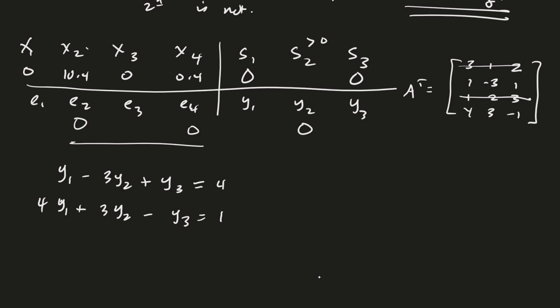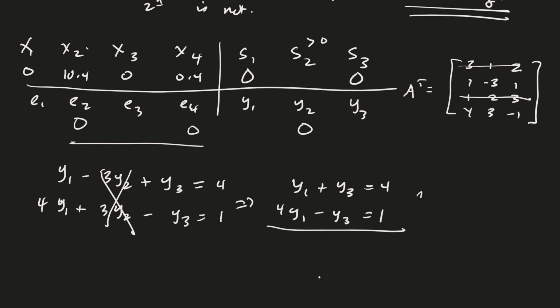Okay, and what else do I know? I know that y2 is equal to 0, and so that just leaves us with the system y1 plus y3 equals 4, and 4y1 minus y3 is equal to 1. And so now if we just add straight down, we see that 5y1 equals 5, and so therefore y1 is equal to 1.